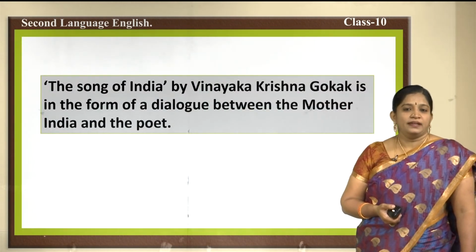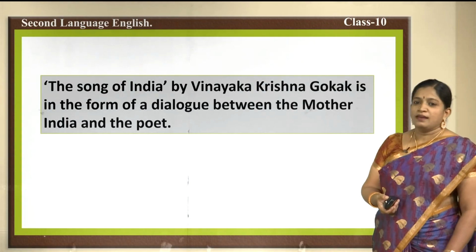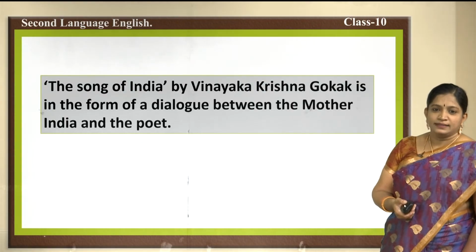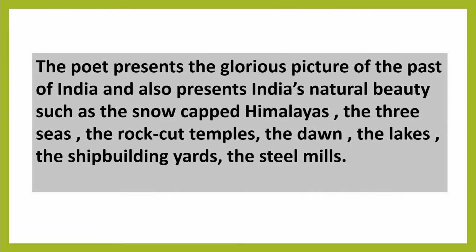The Song of India by Vinayaka Krishna Gokak is in the form of a dialogue between the Mother India and the poet. The poet presents the glorious picture of the past of India and also presents India's natural beauty such as the snow-capped Himalayas, the three seas, the rock-cut temples, the dawn, the lakes, the shipbuilding yard and the steel mills.